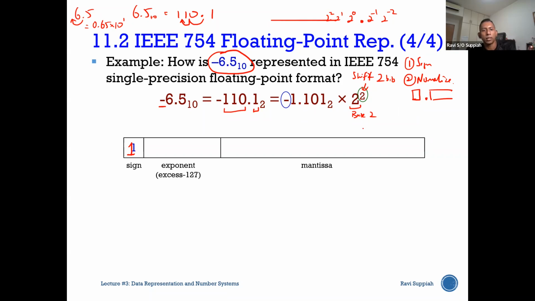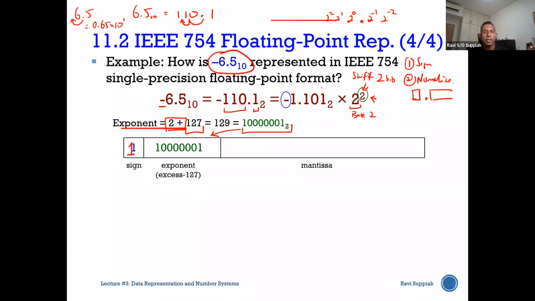To find the exponent, all you need to do is take 127 plus whatever is the power over here, the bits you shifted by. If the power here is 2, then I say 127 plus 2. So what I'll have is 129, and you just key 129 into your calculator to get the binary value. That is what comes here as the exponent.